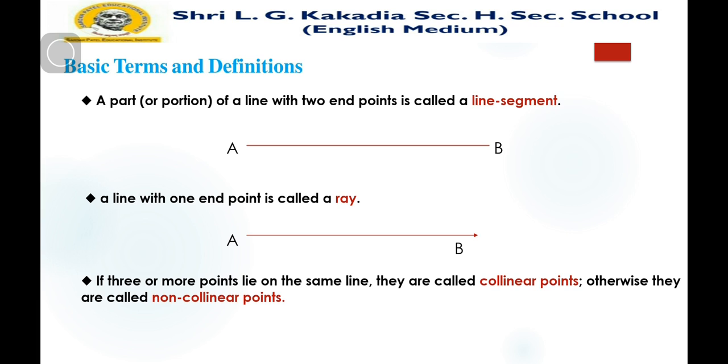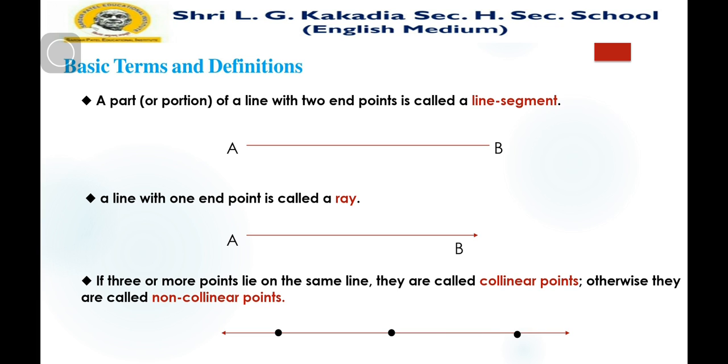The third definition is collinear points and non-collinear points. How can we say that 3 given points on a plane are collinear points? If we take points on a plane, and we can draw one line passing through these 3 points, as you can see here, then these 3 points are known as collinear points.